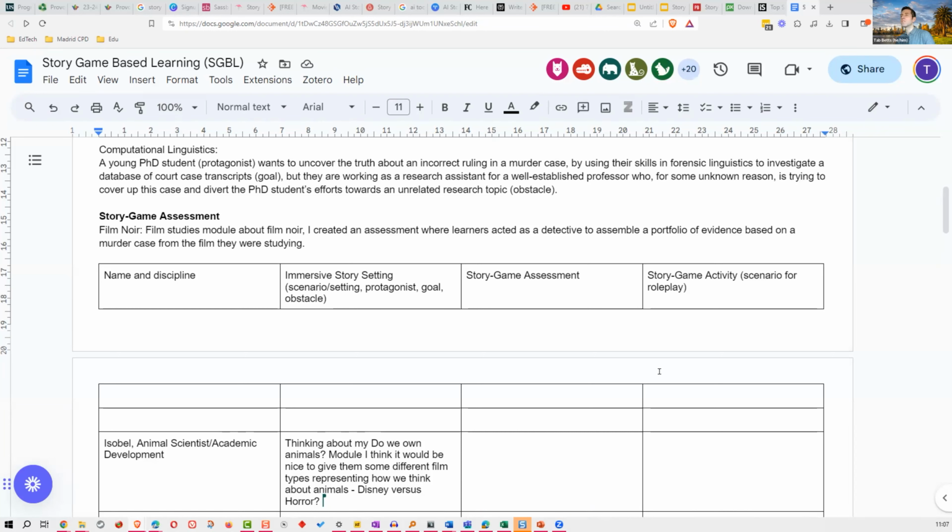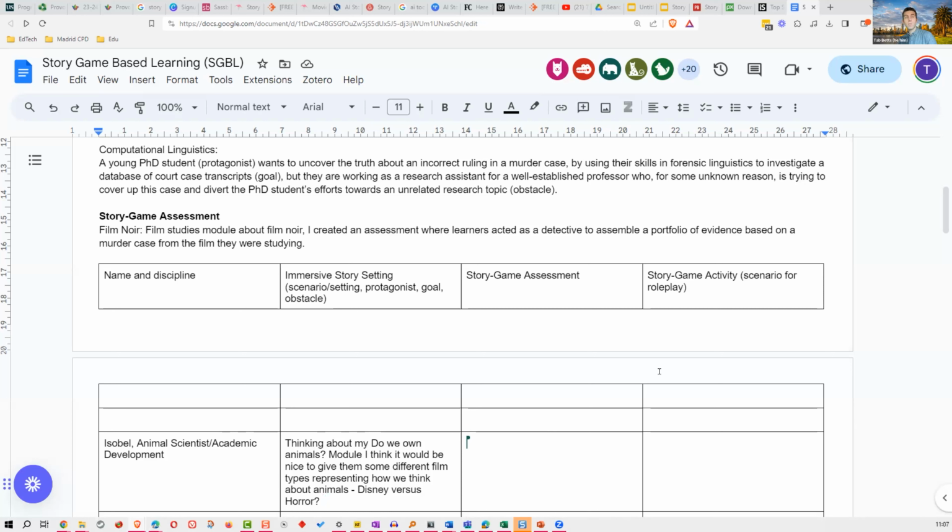Kind of a Fahrenheit 451 scenario. And maybe my characters, the learners on the course, are part of an underground resistance movement against this banning of education. And so what could I ask them to do for their assessment?